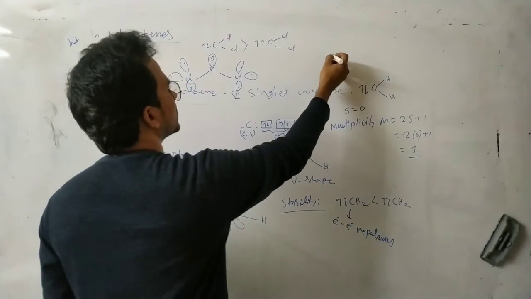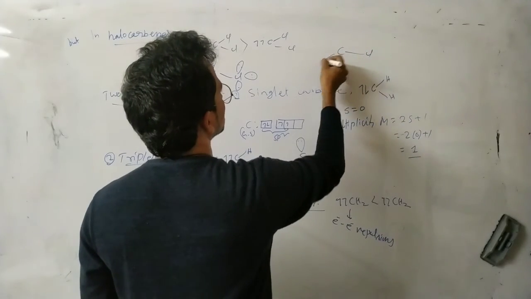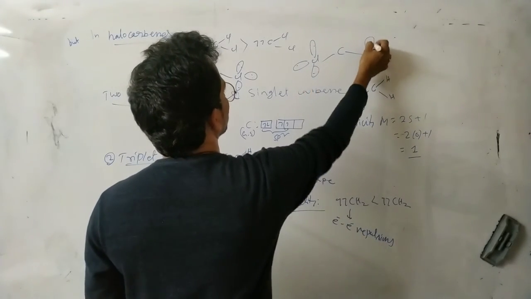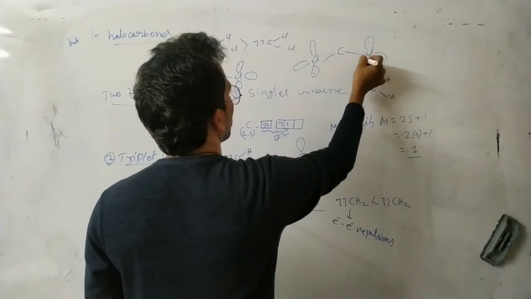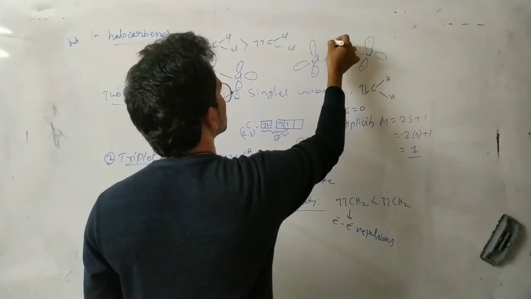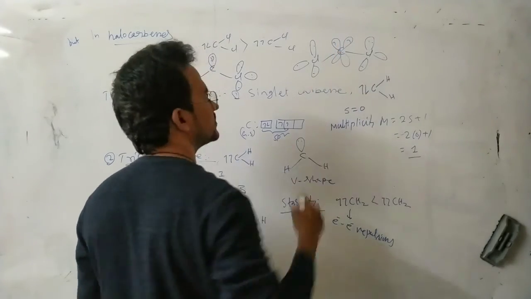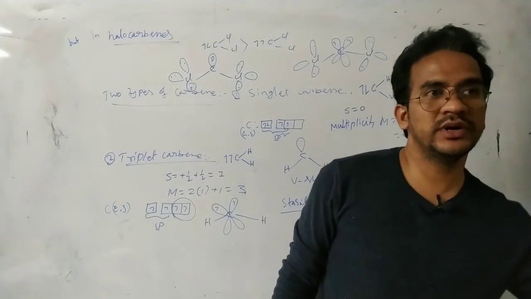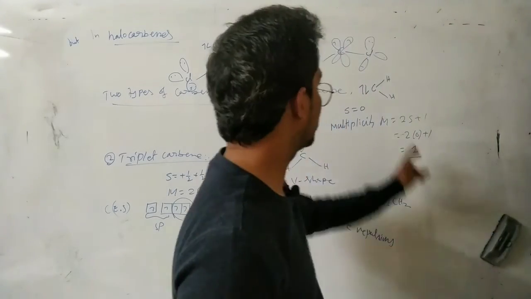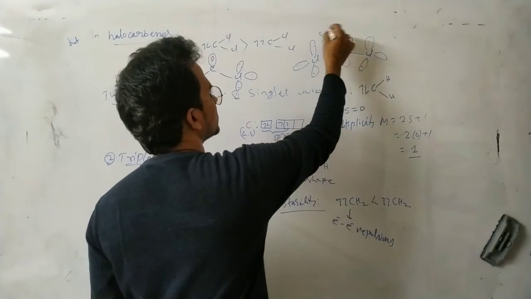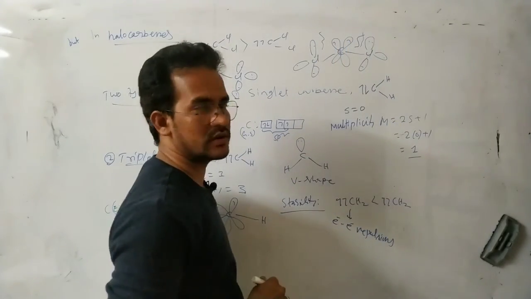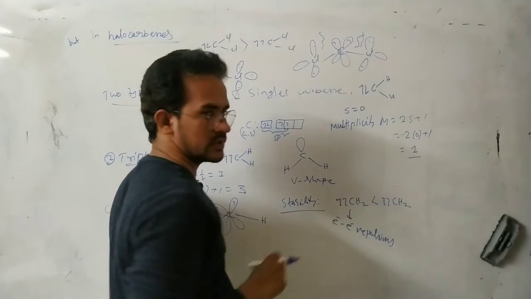But in the case of the triplet carbene, you see here Cl, this Cl, this lone pair, this lone pair. Now in this case, 2 different orbitals, where the electrons are present in different orbitals, so occupying more space. Already there are 3 lone pairs of electrons on each chlorine, so these also occupy more space.